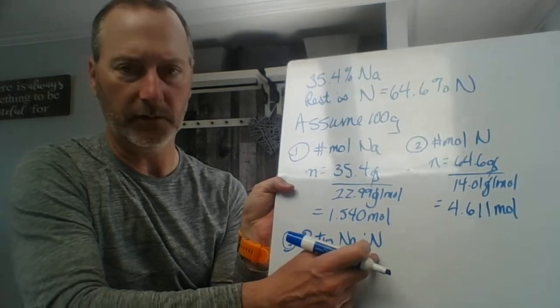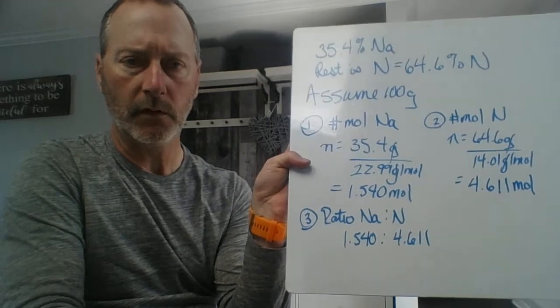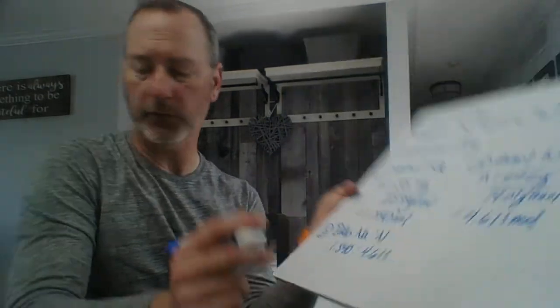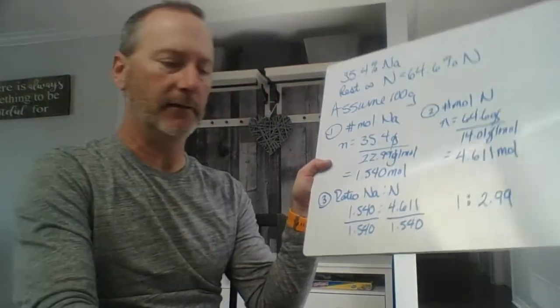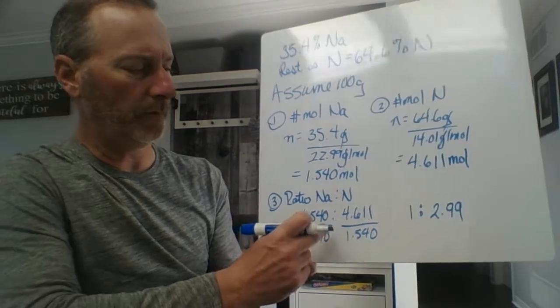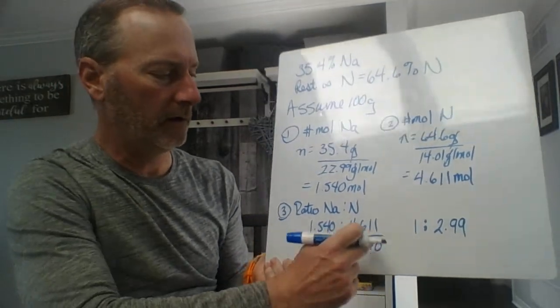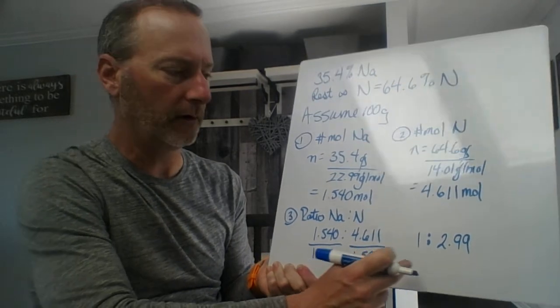I'm doing a ratio of sodium to nitrogen, so it's 1.540 to 4.611. 1.540 is the lower of the two numbers, so I'm going to divide both by that. 1.54 divided by 1.54 gives me 1. 4.611 divided by 1.54 is 2.99.